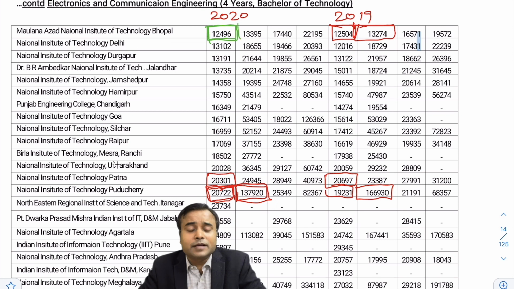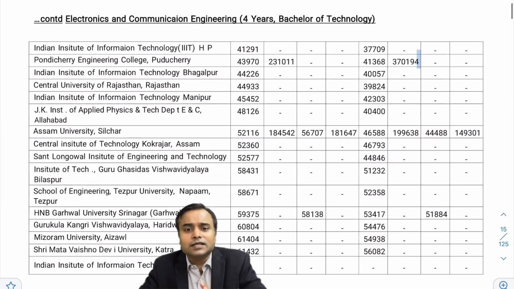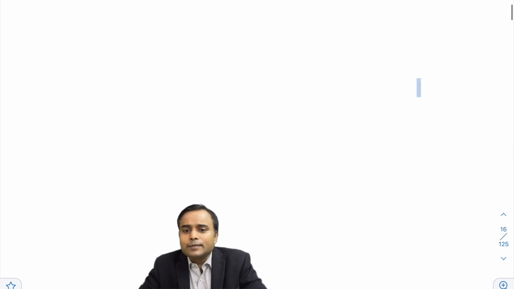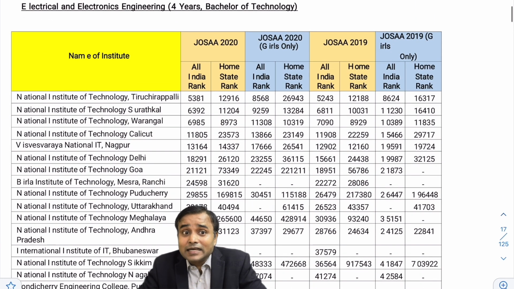Suppose that I'm going to take admission in NIT Bhopal. The all India rank was around 12,000. I'm displaying data of EC only. Now EE, electrical and electronics engineering, EEE.